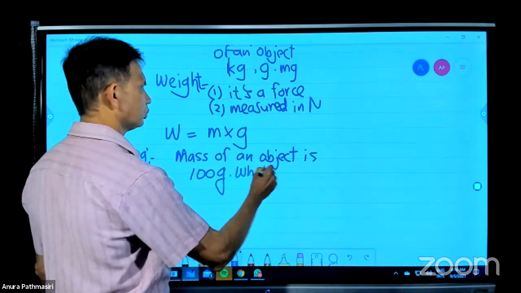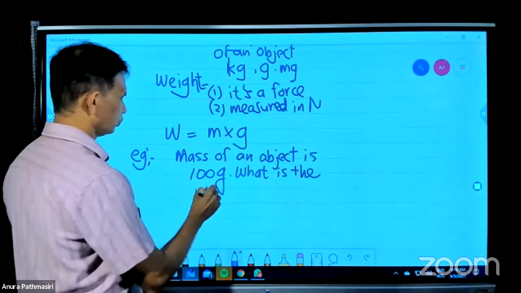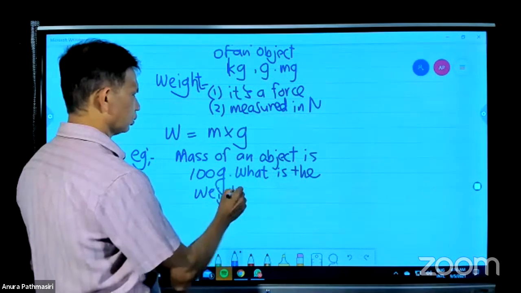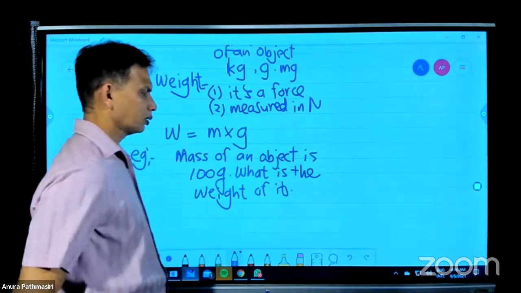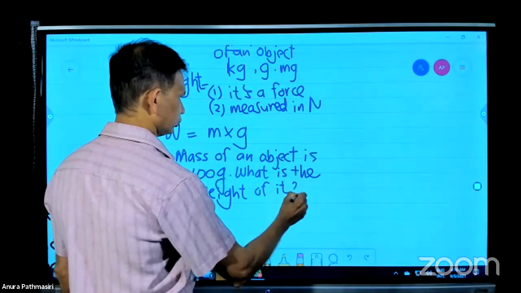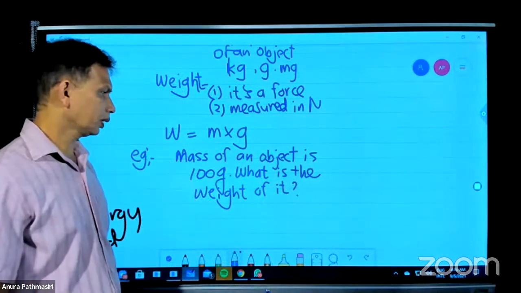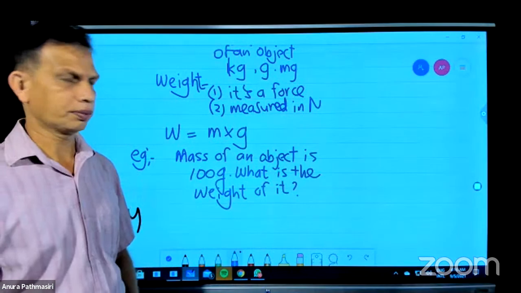What is the weight of it? The mass of an object is 100 gram, and what is the weight of it?